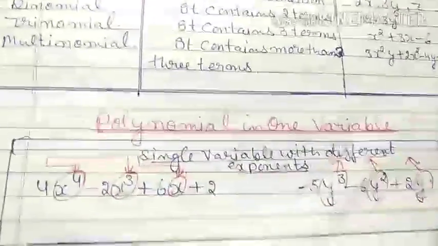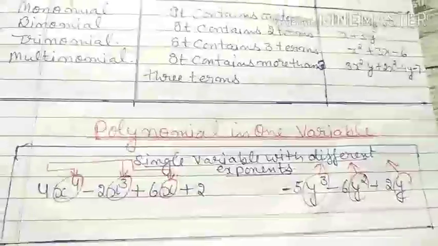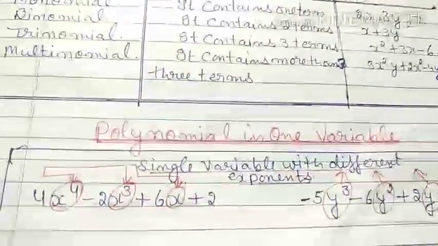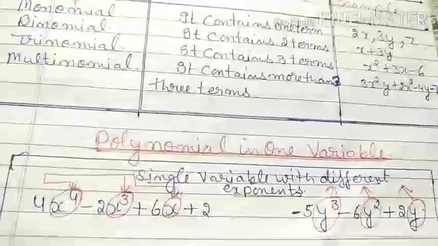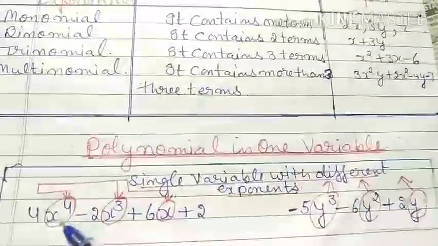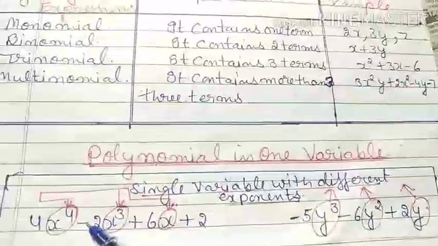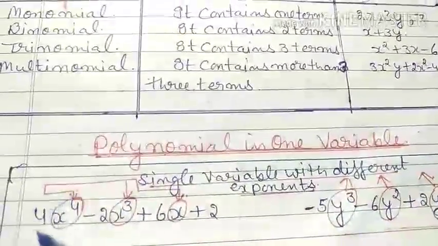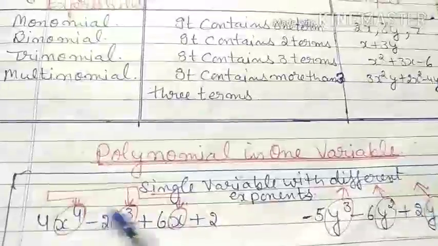Next is how we can identify a polynomial in one variable. A polynomial in one variable is a polynomial having a single variable only. If an expression has a single variable, it doesn't matter if the powers are different. We consider a single variable with different powers.